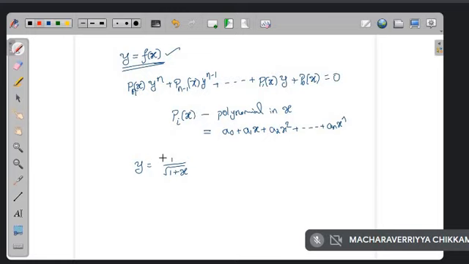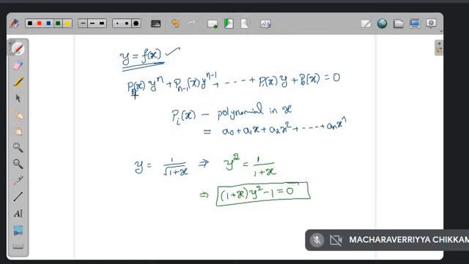This can be written as y squared equals 1 by 1 plus x. Now this implies (1 plus x) y squared minus 1 equals 0. Now I have a polynomial in terms of y, and it is in this form.